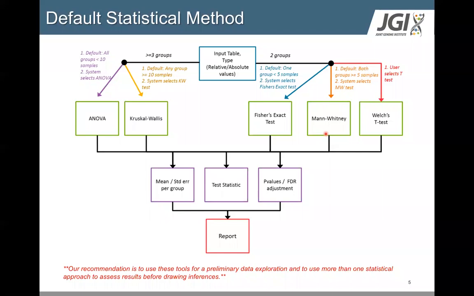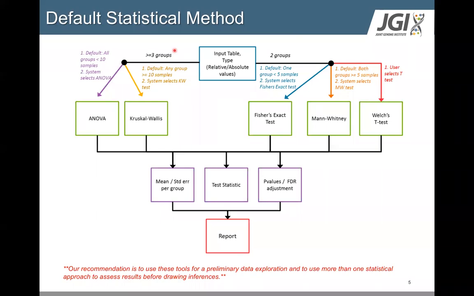But you always have the option of selecting one of the other tests. And really, we recommend that you certainly explore various statistical tests and try to compile a data set that can be derived from all the various different types of tests.